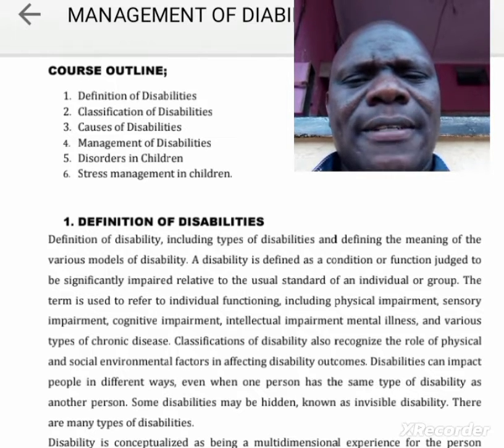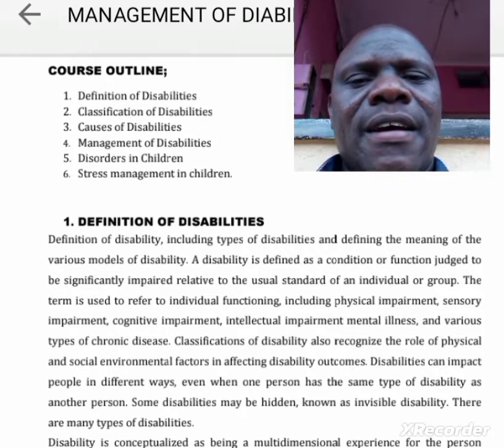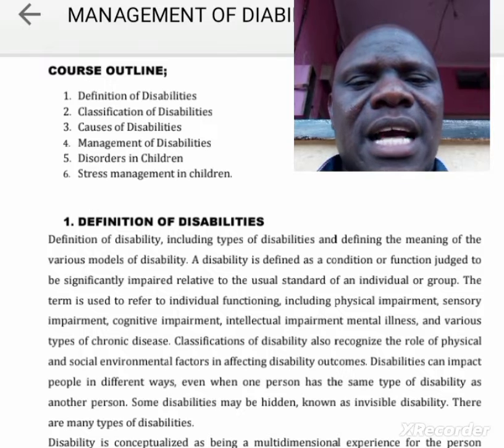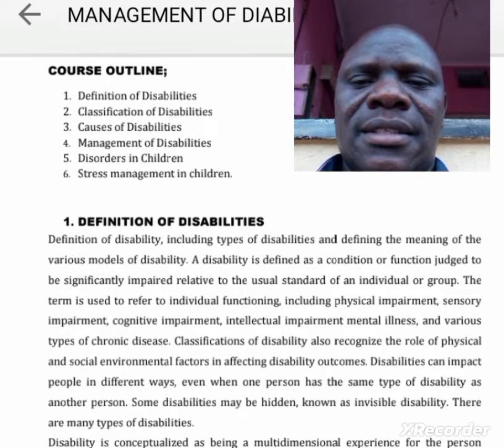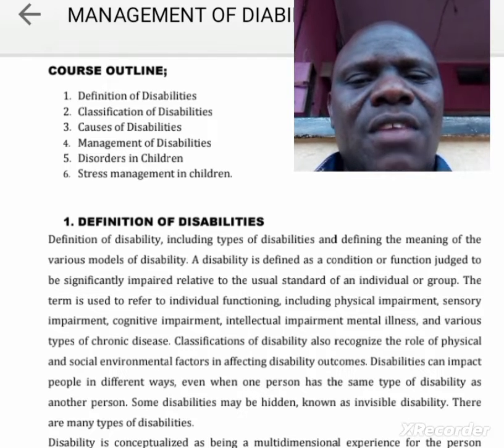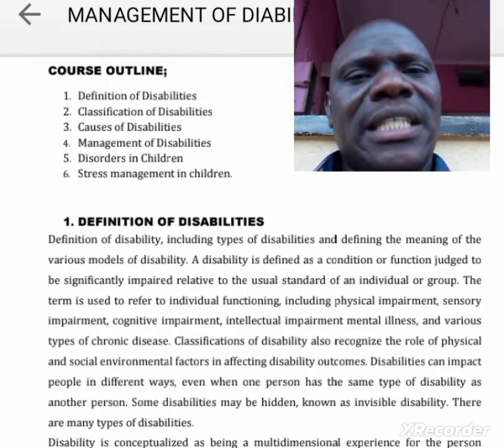But we can also classify disabilities by recognizing the role of the physical and the social emotional factors in affecting disabilities. The outcomes of disabilities can impact people in different ways, even when one person has the same type of disability.